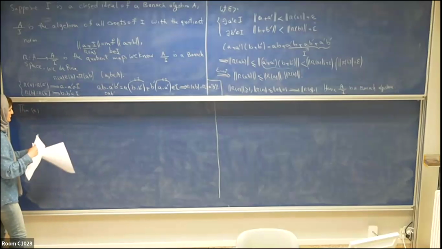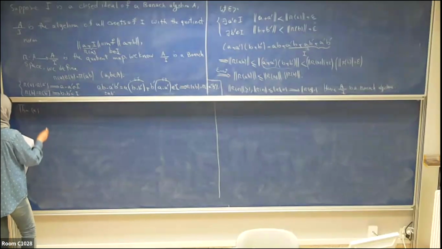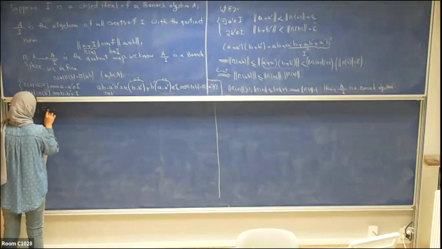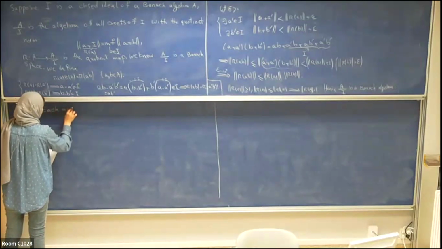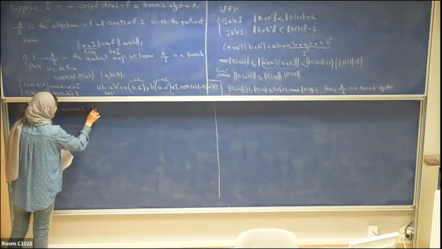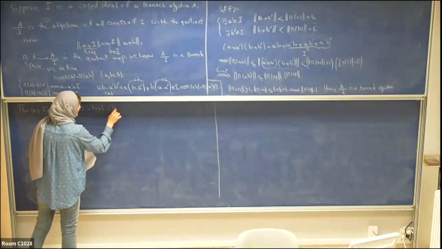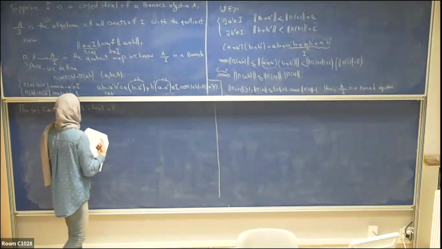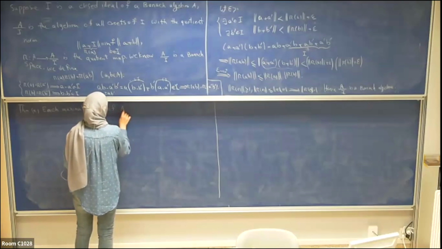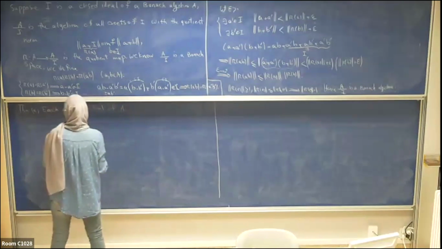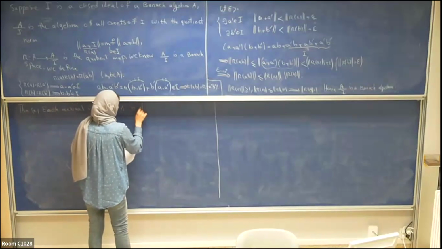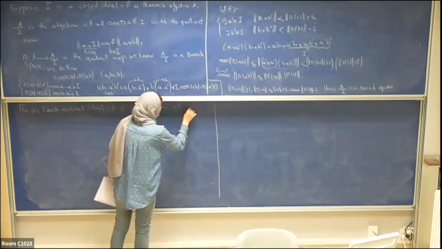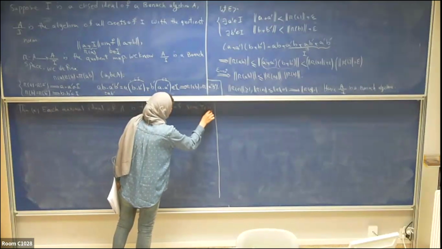The first one: each maximal ideal of A is of the form of the kernel of one homomorphism, or one element in the character space. That is, it is of the form of the kernel of some B in M of A.